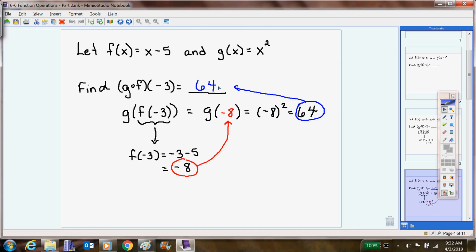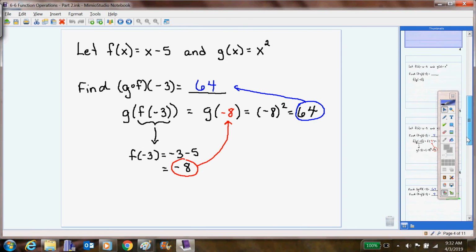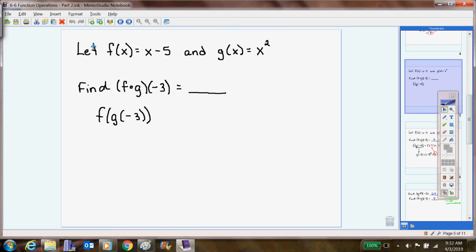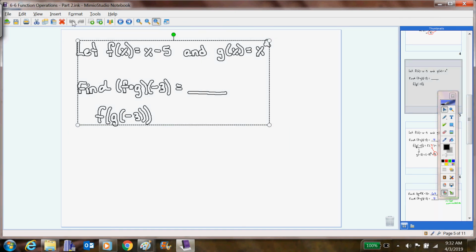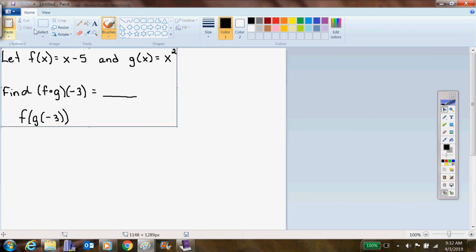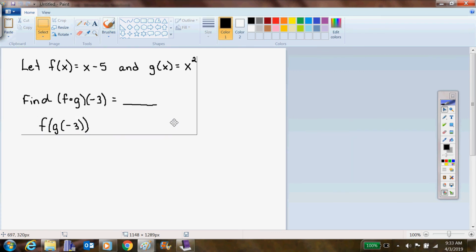And your final answer to that composite function is 64. And then the next thing we want to do is calculate what if we switch the f and the g. And this is where we really see that this is way different from if you're just doing multiplying. Because let's do this problem right here. So here we have f of g of -3.